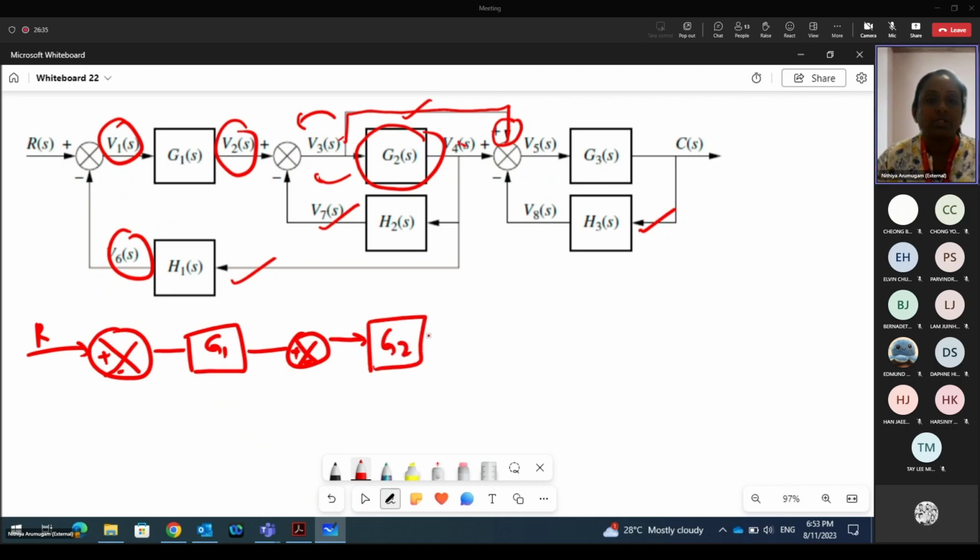is moved here. So now the top feedback loop will be in this form. We have another summing point plus minus, but here the feedback loop is moved from here to here. Everything else remains.